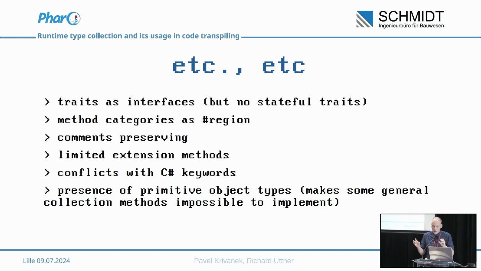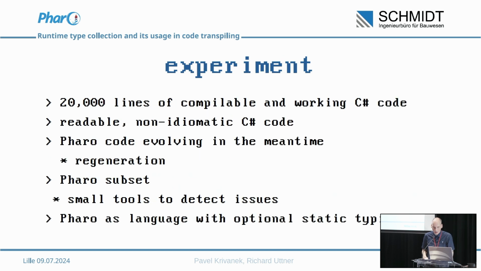You have primitive types, but the primitive types, if they are nullable, are actually represented as a structure that says I have a value or not, which actually makes it impossible to create collection methods that can process every object, because that's something C# doesn't allow.